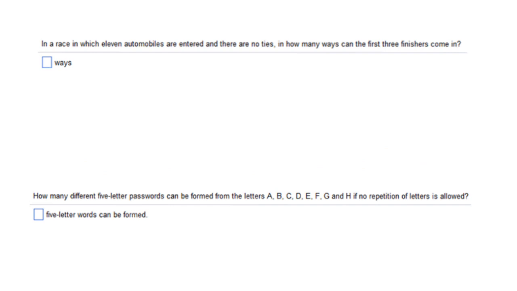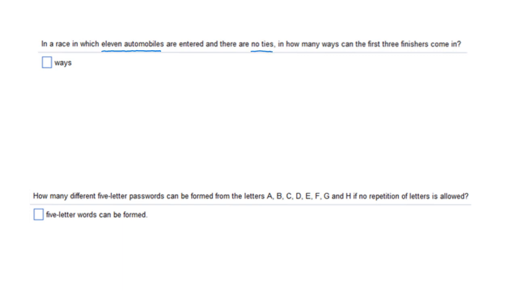Let's take a look at these problems. The first one goes, in a race in which 11 automobiles are entered and there are no ties, in how many ways can the first 3 finishers come in? All right, so when we take a look at this, there's a few things that we need to point out. We know that we have 11 automobiles, right? And there are no ties.